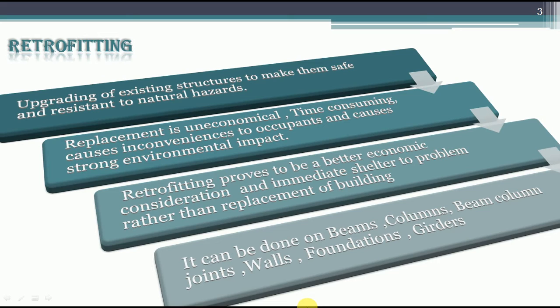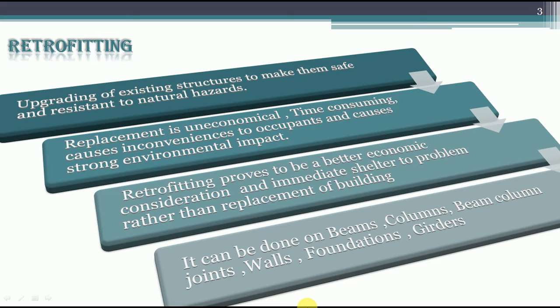Dumping of the demolished concrete waste to the environment is very hazardous and it causes strong environmental impact. Also, replacement of the structure is uneconomical, very time consuming, and causes inconvenience to occupants.